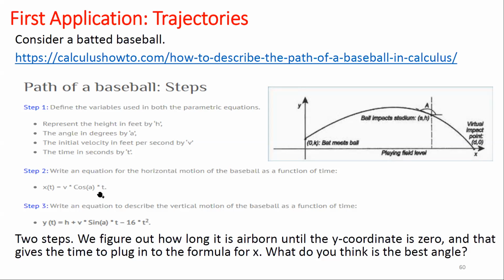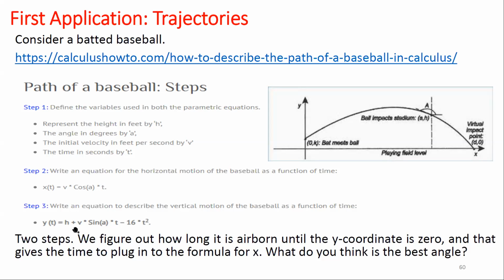So if we want to figure out the horizontal distance, how far the ball goes from home plate, what do we need to figure out? Where it ends up. This tells us the y height, and this tells us the x distance. To get the furthest x distance, what's true about the y height? It has to be higher. Well, what's the y height when the x distance is the furthest?